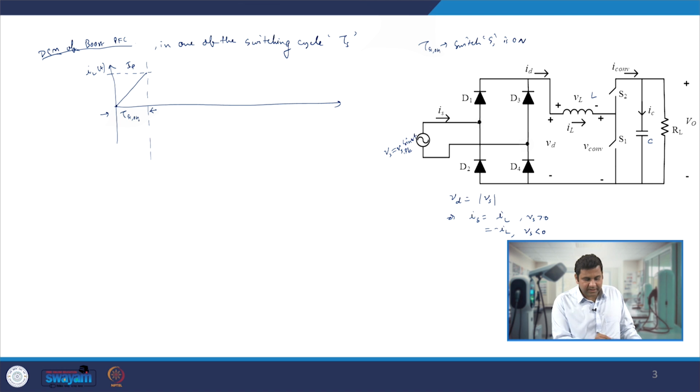Then after the TS1 on duration, switch S1 is switched off and S2 is on, and that is when you start applying Vs minus V0 across VL. Since V0 is greater than Vs peak, we are applying a negative voltage across the inductor, and the inductor current falls. Since we are talking about discontinuous conduction mode, we ensure that this inductor current goes to 0. Let us define this time as TS2 on.